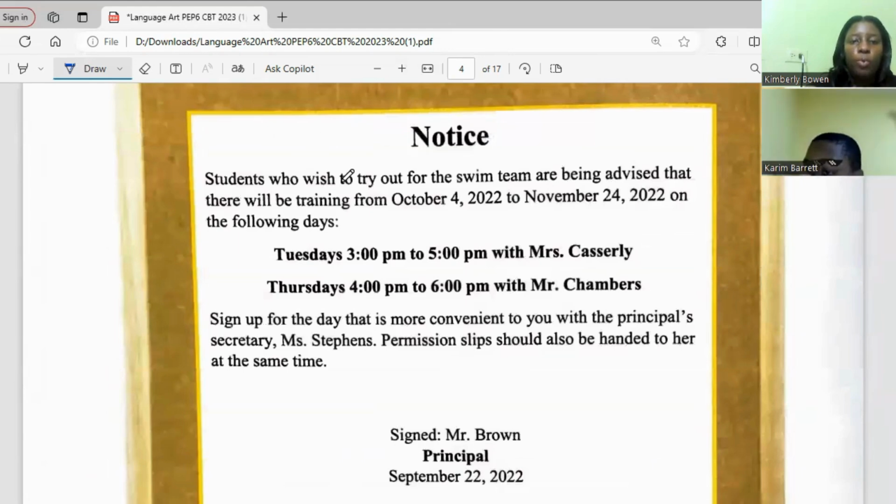Students who wish to try out for the swim team are being advised that there will be no training on October 2022 to November the 24th, 2022.